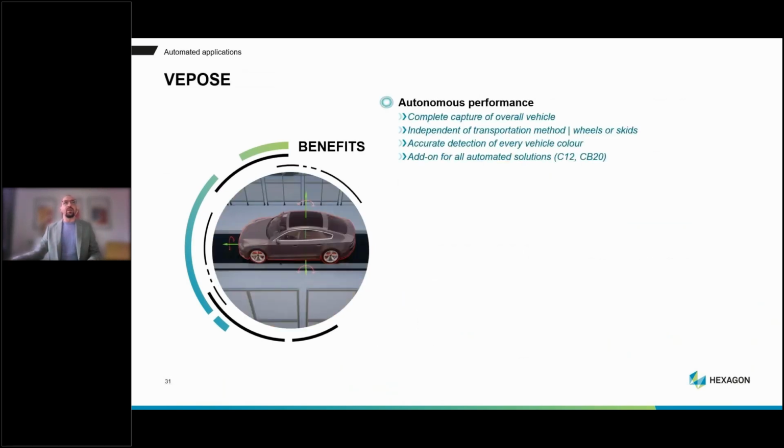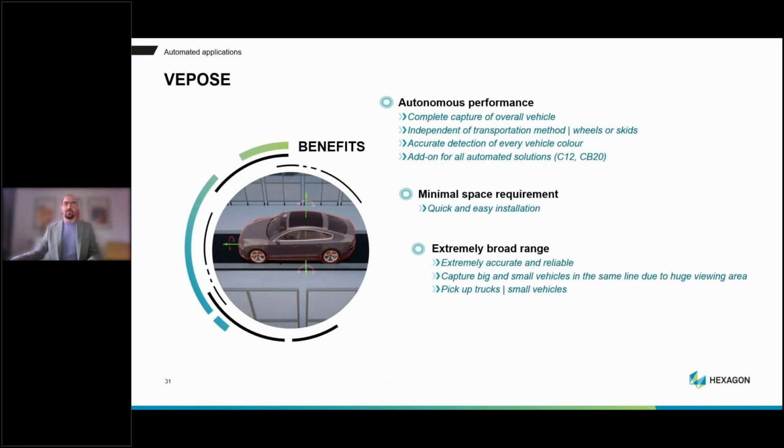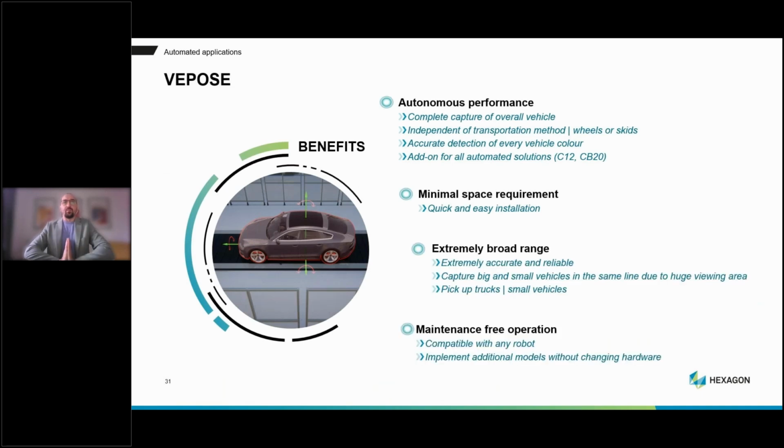The vPost benefits. One of the big benefits that I want to emphasize here, that we do have a minimum space requirement. So we just need 1 meter, 1.5 meter before the actual station, and not a whole tag before the station to determine the vehicle position. Also, we have an extremely broad range, so we can capture big vehicles, small vehicles.